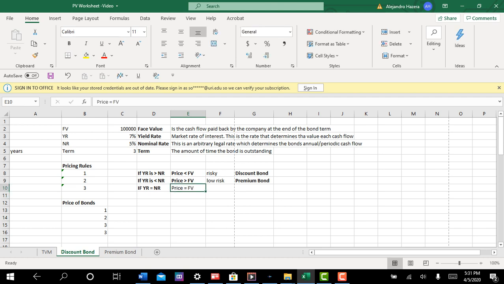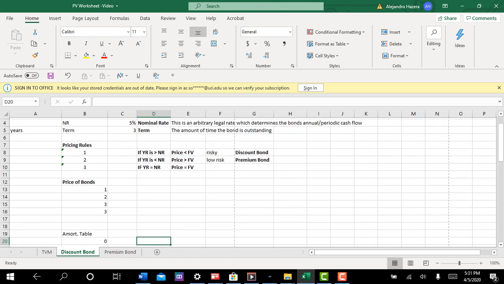There's no discount or premium. That rarely ever happens. Usually, in almost all cases, yield rate is going to differ from nominal rate.